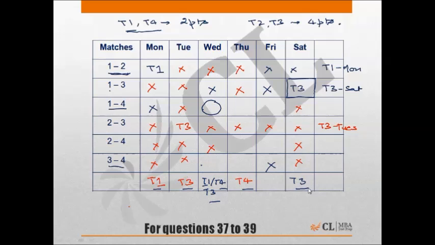That means this particular case, when we assume that the Monday match was won by T1 between T1 and T2, is incorrect. That means the Monday match was not between T1 and T2. I hope this is clear.